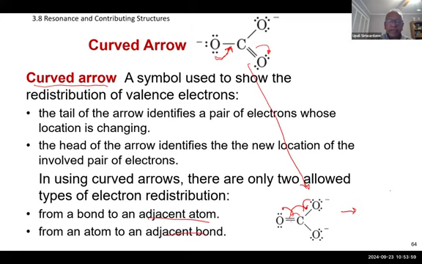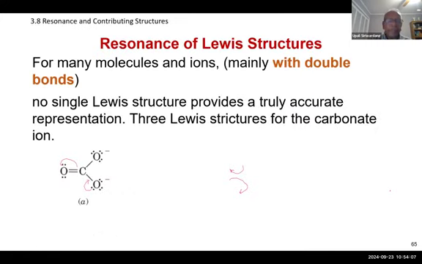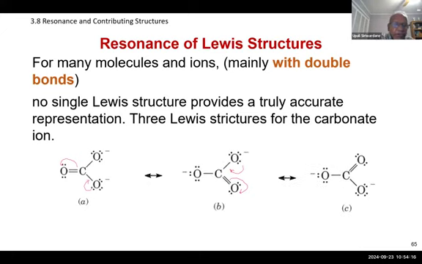I will show you. Curved arrows are used by Linus Pauling. Carbonate ion. I'm writing it again. Do you see these arrows moved here? Yes, sir. But I don't understand it. You don't understand?